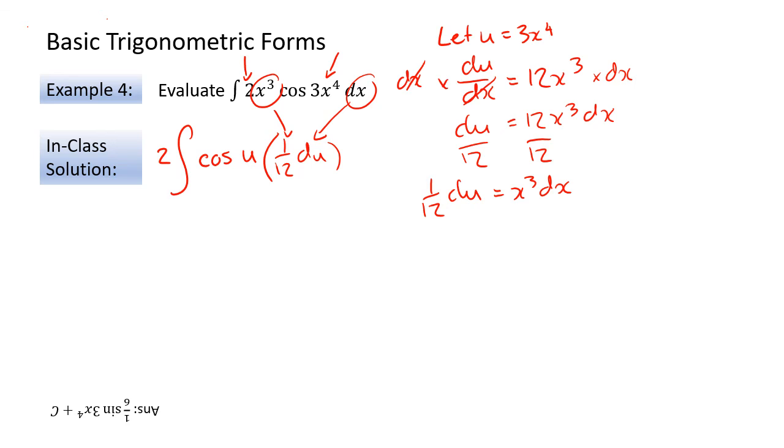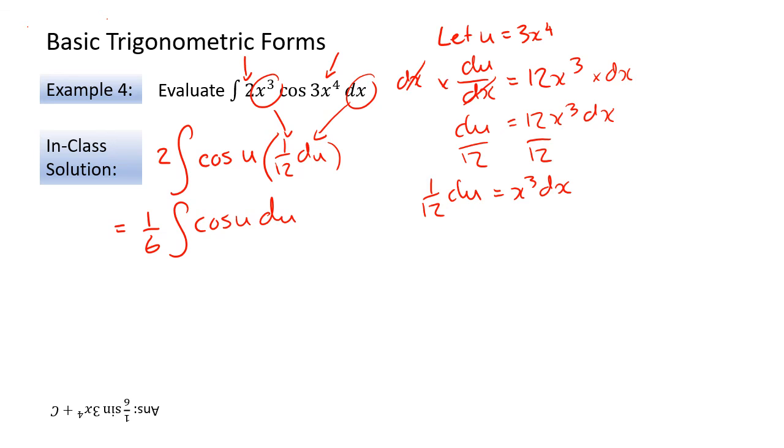So again, moving that fraction outside of the integral, we get 2 over 12, okay, which reduces down to 1 over 6, times the integral of cosine u du.